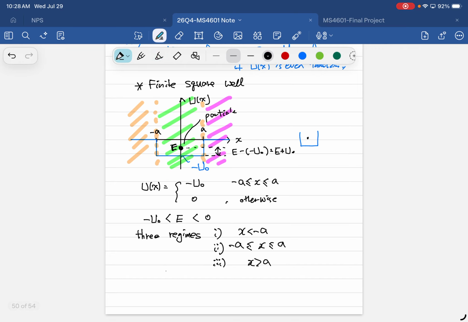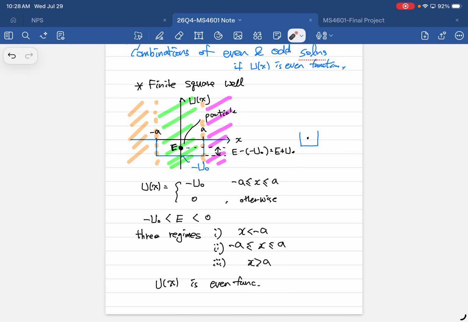Let me write down: U of X is even function. What that means is that we can look into even solutions and odd solutions, and that's essentially what we are going to do.